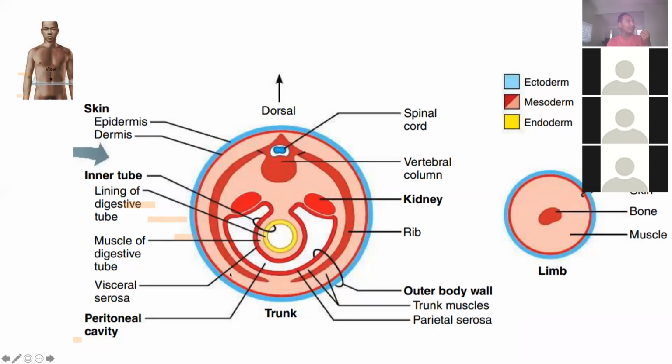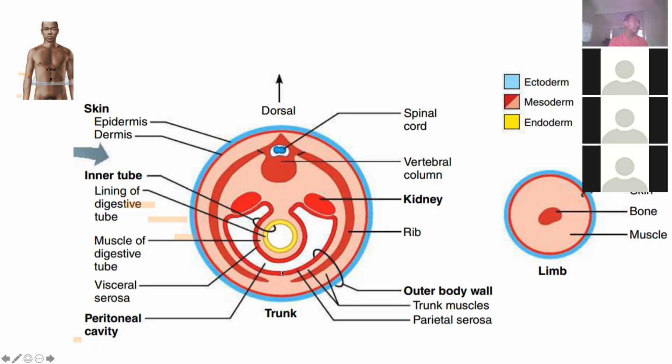So our skin, look at the skin, epidermis and dermis develop from the ectoderm. All our bone, muscles, kidney, red in color, the smooth muscle, striated muscle, will all develop from the mesoderm.